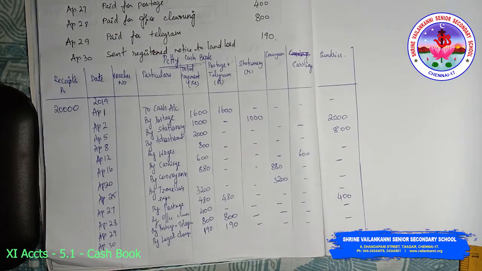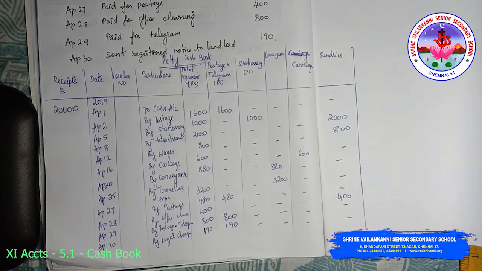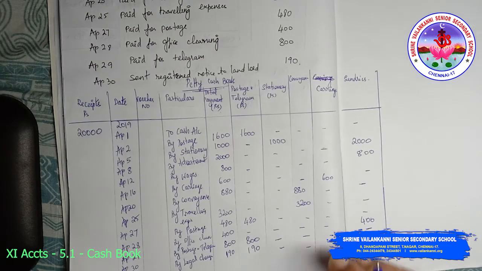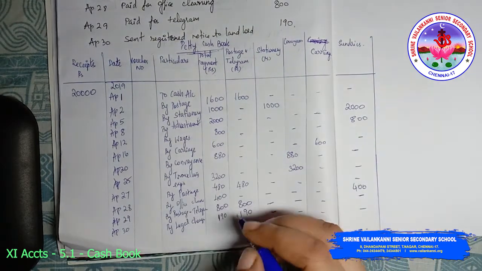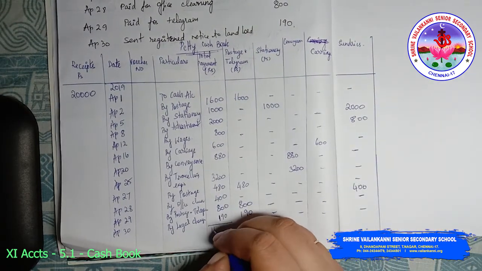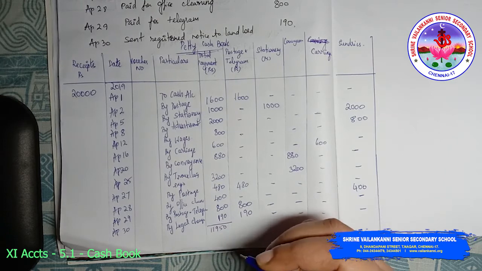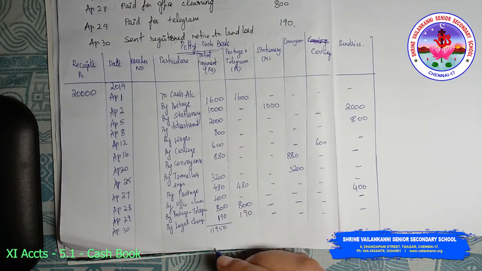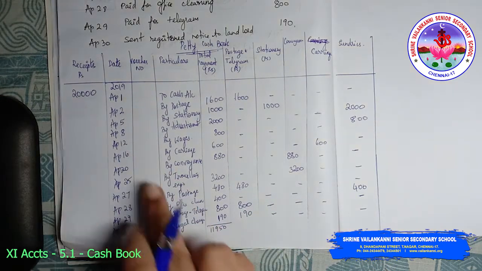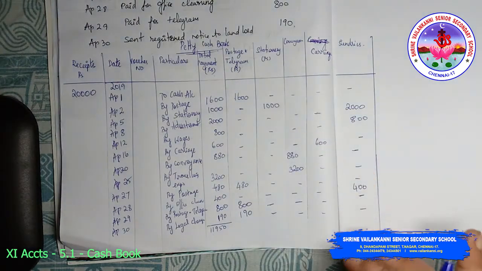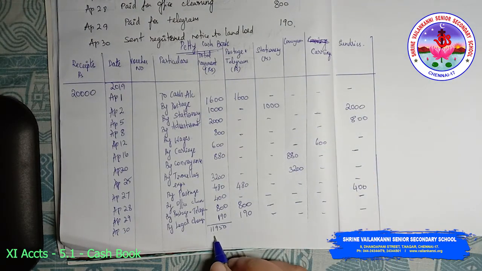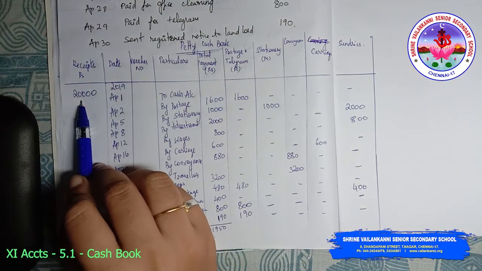Now the total payments: we have to look at the total of all these things. The total of total payments comes to 11,950. Individual columns we will total separately, but for now I am just showing you the total here, 11,950. You have the receipts of 20,000.